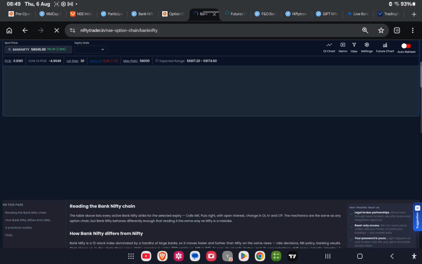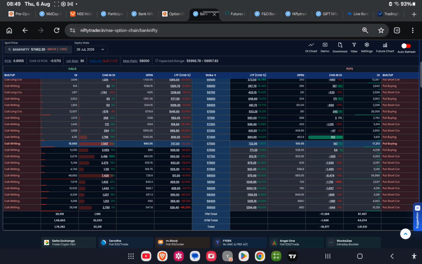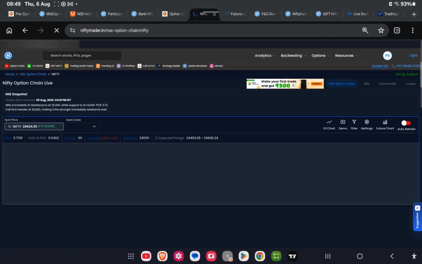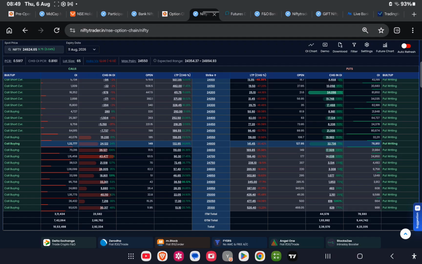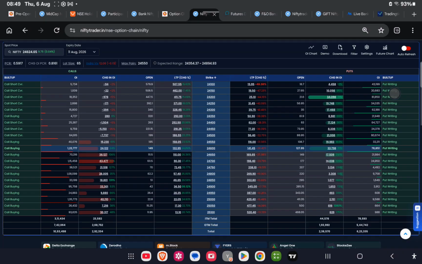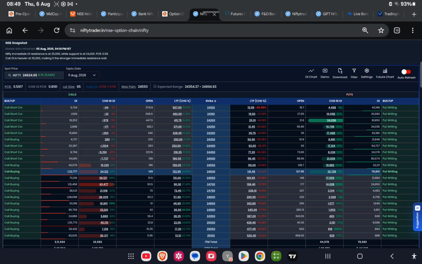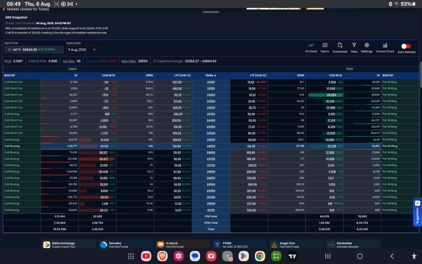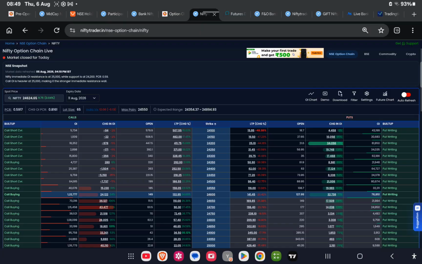Moving on to the Nifty Trader website. We'll start with Nifty. Let's take light mode. Okay, need to switch to light mode.